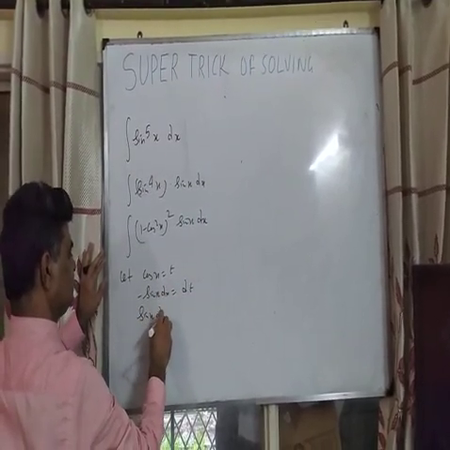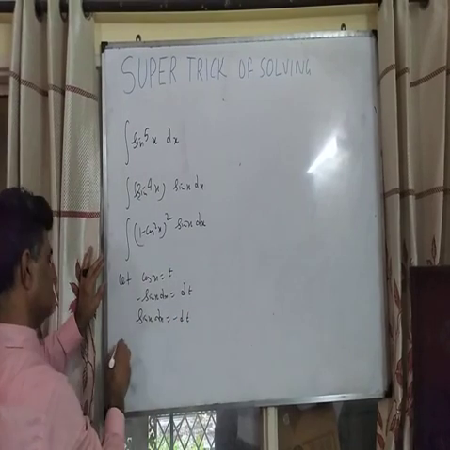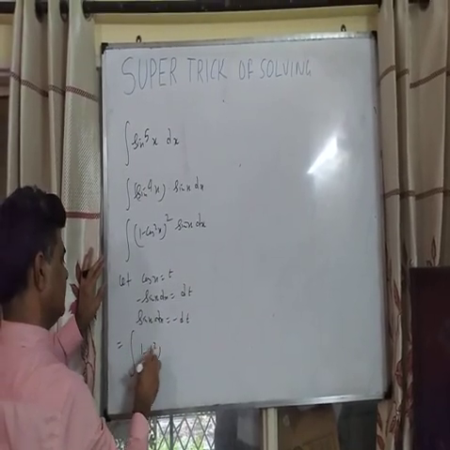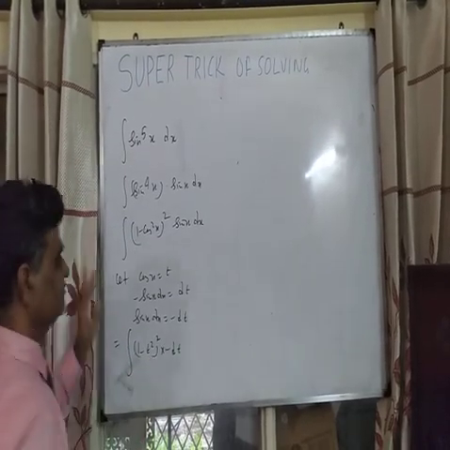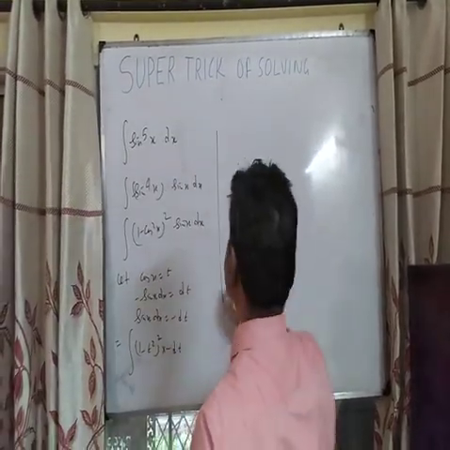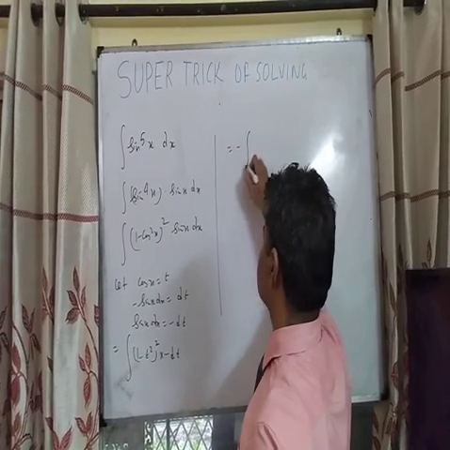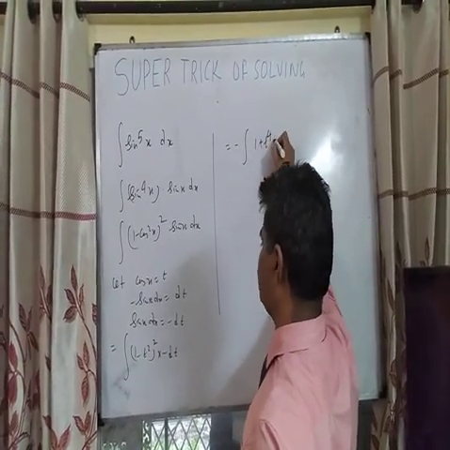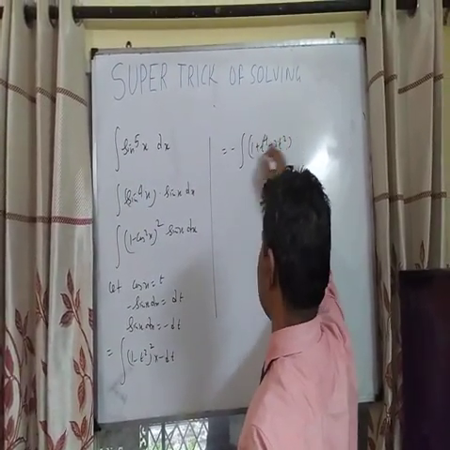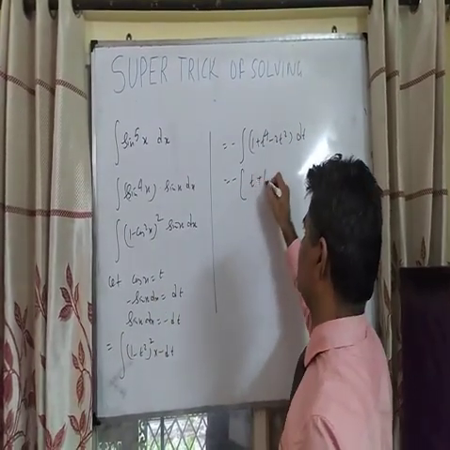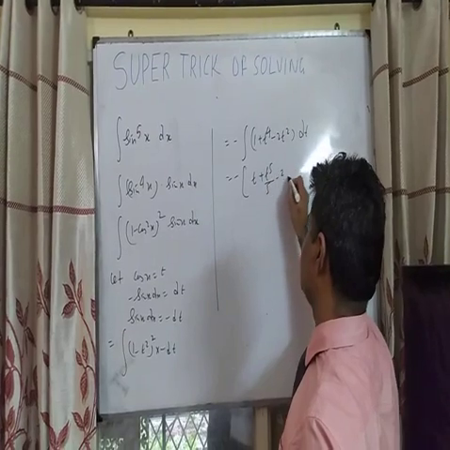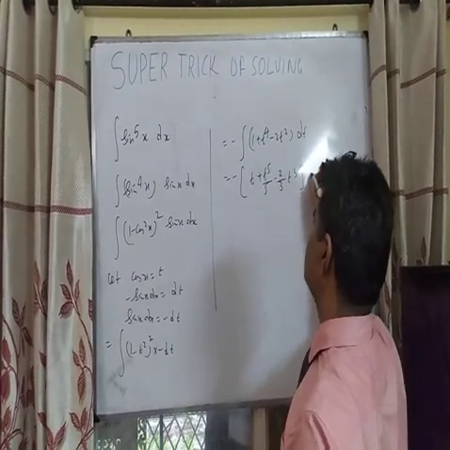So sin x dx equals minus dt. So this integration will become 1 minus t square whole square into minus dt. So minus of 1 plus t to the power 4 minus 2t square dt. So this is equal to t to the power 5 upon 5 minus 2 upon 3 t cube plus c.